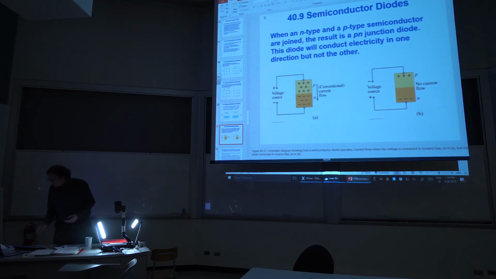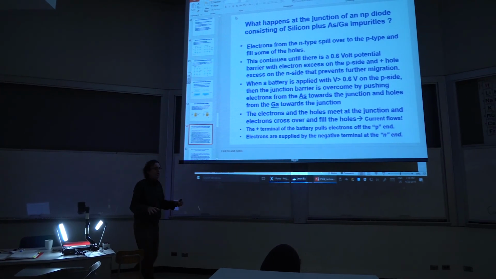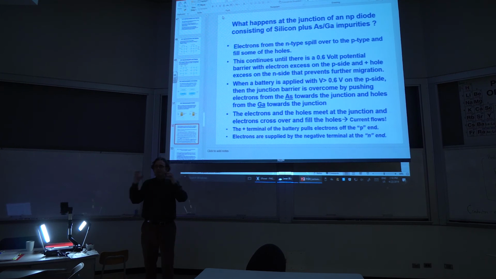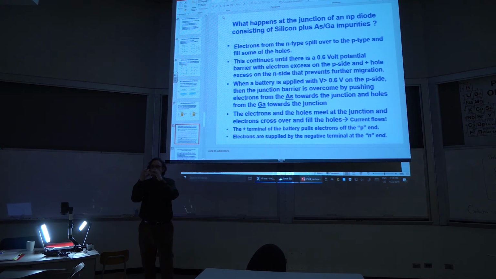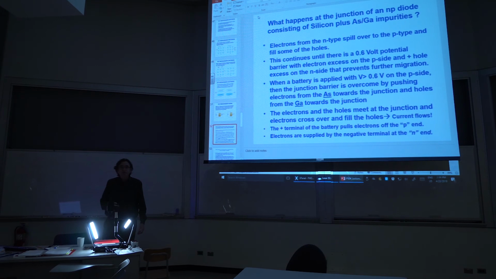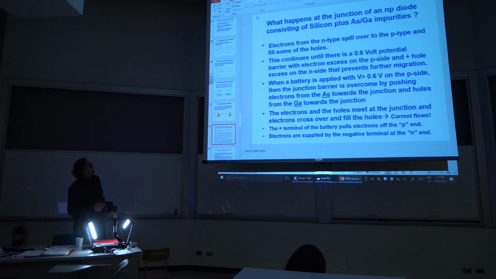Okay, so let's see what happens as we take away the battery and just go back to an n-type and a p-type, and I push them together, I bond them together, right? And there's a junction set up between the n-type and the p-type. What happens at that junction spontaneously, without any voltage, is that electrons from the n-type will spill over to the p-type, and they will fill some of the holes.